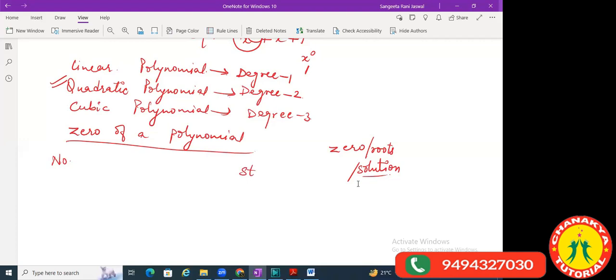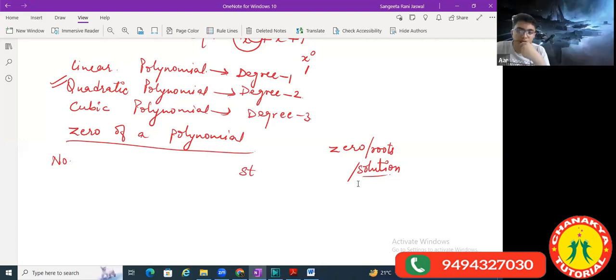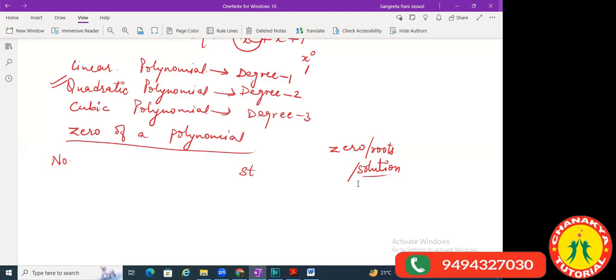Yes or no? Yes, ma'am. That you have done in your previous class, class 9. When you plot a graph of a linear equation, you always get a straight line graph.